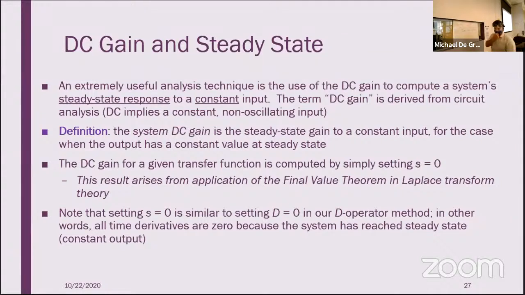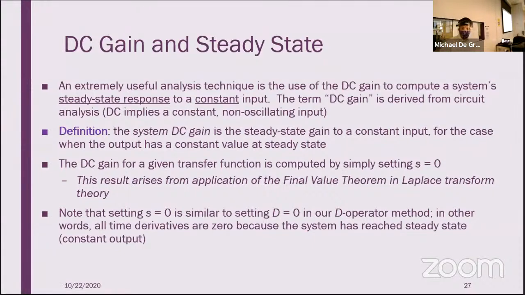So DC gain is an extremely useful analysis technique where we can compute the steady state response of the system to a constant input. It's derived from circuit analysis, because DC means that there's some constant, not oscillating input.